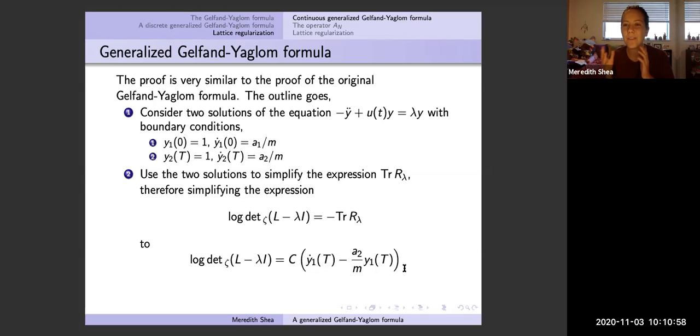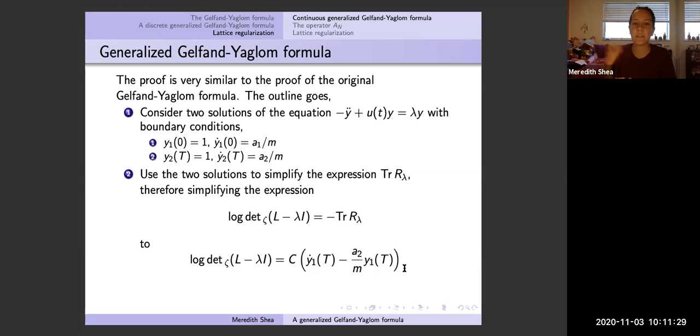We had to use all this information in order to talk about the trace of the resolvent. Since the operator L is trace class, so is its resolvent, and now we're free to talk about the trace of the resolvent. And we can write the resolvent using these two solutions and variation of parameters, I think, is the method.